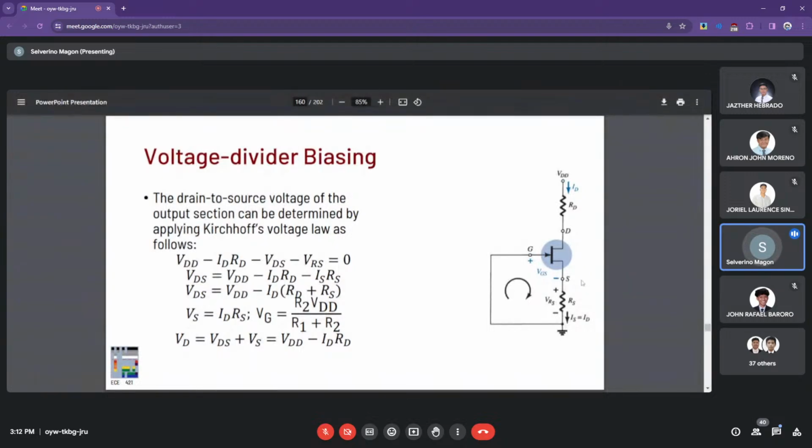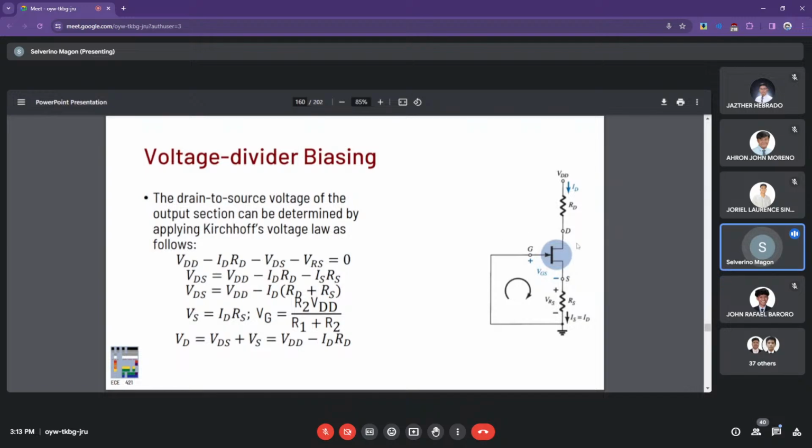So the source voltage is equal to the drain current across the source resistance as well. No? So it's kind of the same thing. And again, the gate voltage is from the input network right here. So it's essentially non-zero, no? In the case of voltage divider bias.